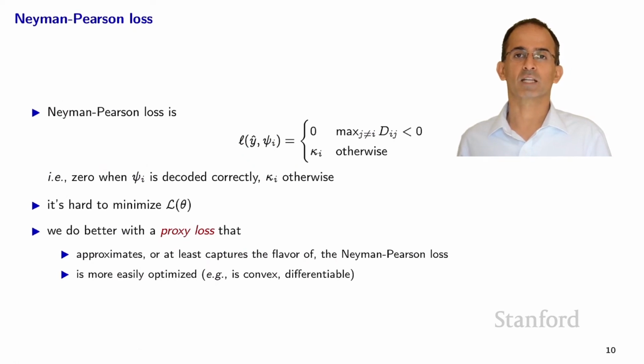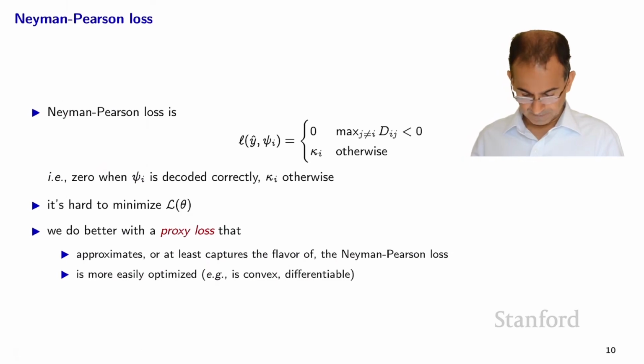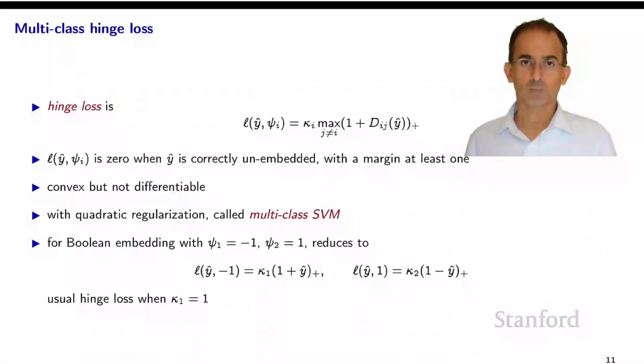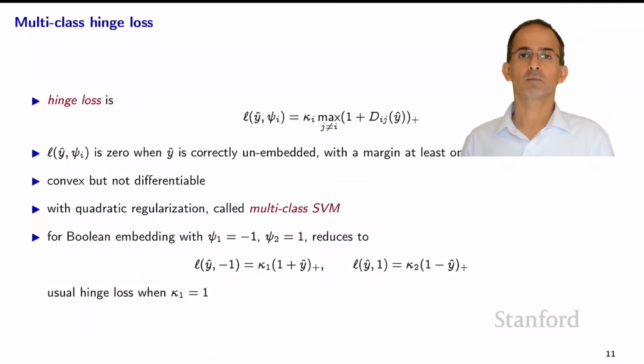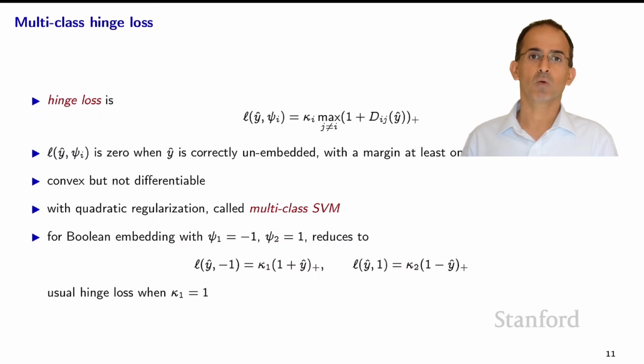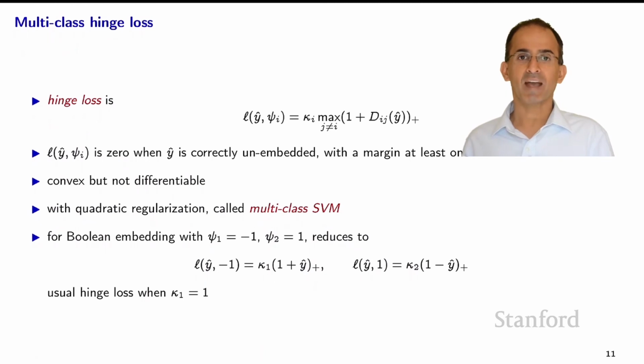So we would like it to be convex or differentiable or both. So here's perhaps one of two really common loss functions that are used. One is the hinge loss. This is the multi-class hinge loss. It's kappa I times the maximum of 1 plus dij of y hat, and we're maximizing it over all j not equal to I.